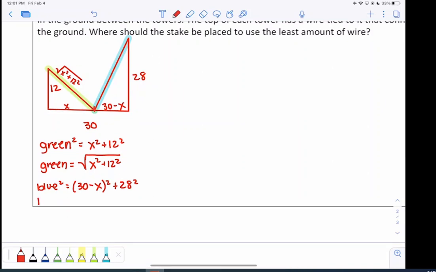And then if I want to find just blue, not blue squared, I'll take the square root of this. 30 minus x squared plus 28 squared.